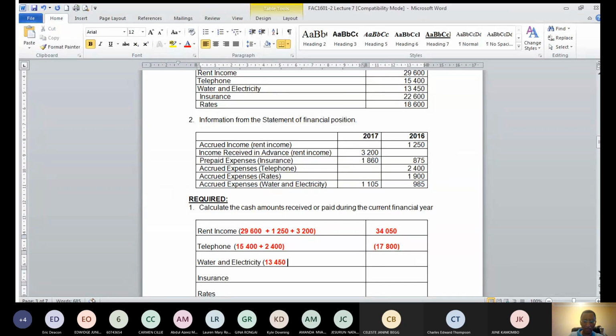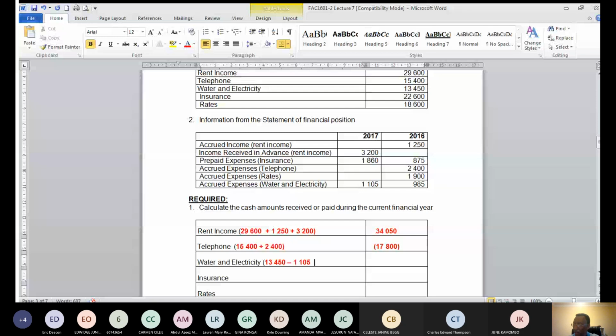To convert that amount now to a cash amount, I will take the 13,450 and I will minus the 1,105 Rand. Because at the end of the year, there was still money due. I still owed 1,105 Rand on my water and electricity. So I was supposed to pay 13,450. I did not pay 1,105.